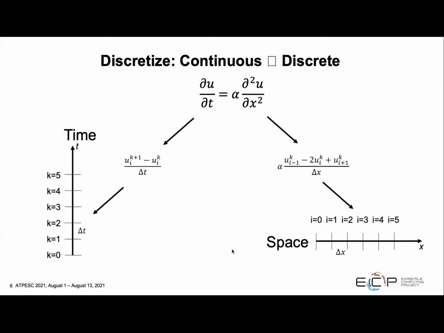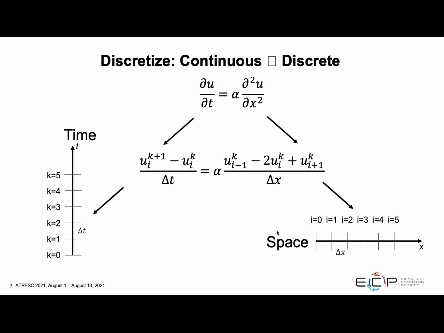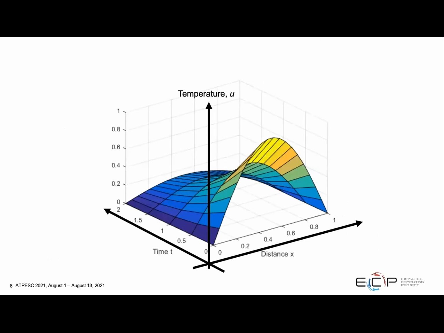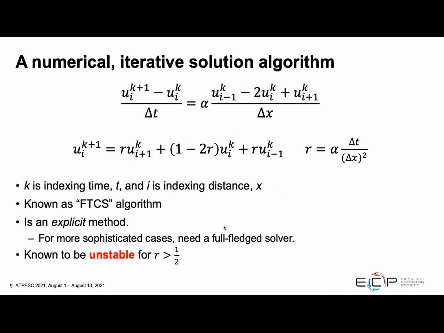We do the same for the right-hand side, except we have a second derivative, so we use this second central difference formula. We set the discrete forms equal to each other, and we end up with a uniform grid in time and space. To solve this equation, we would iterate through time with index k and through space with index i.